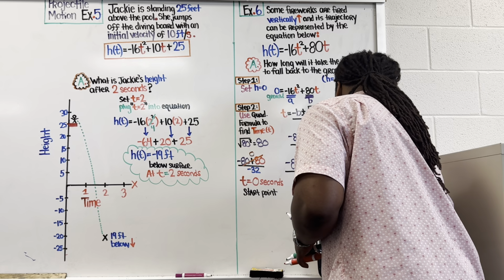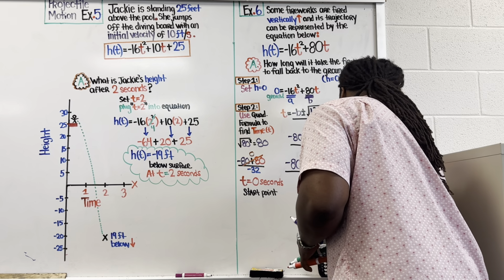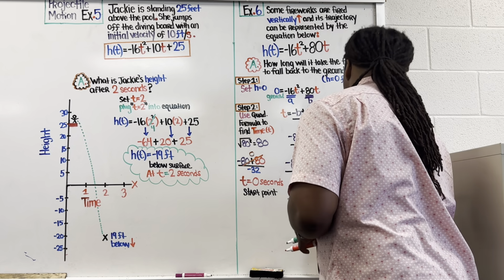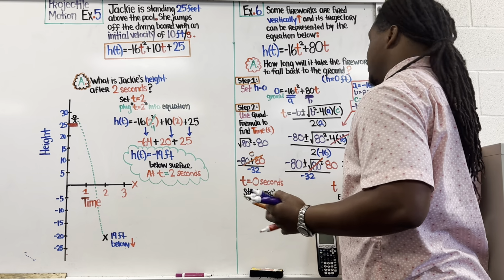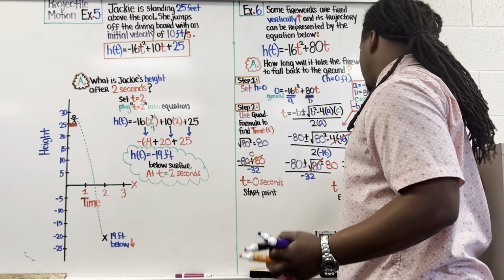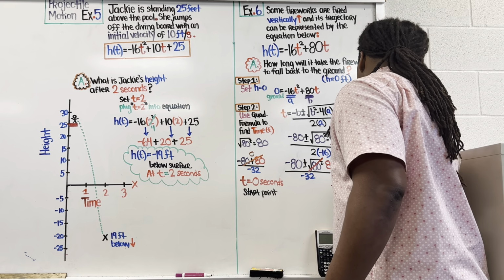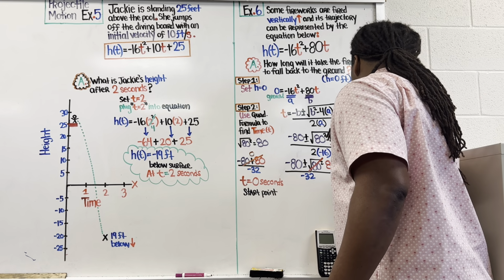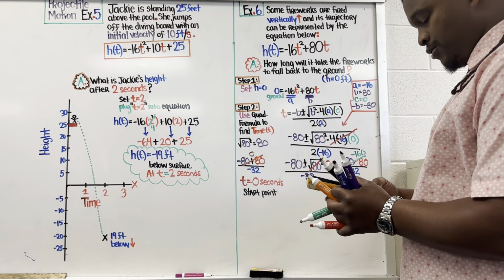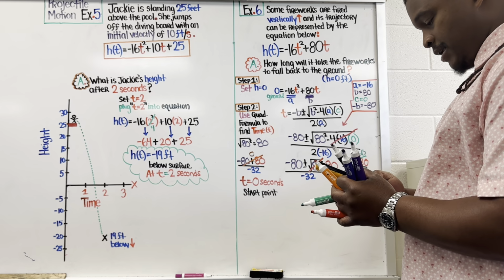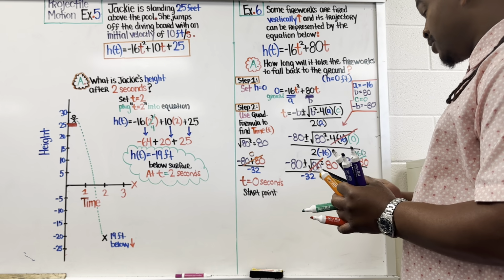This is going to give me the end point. So guys, once again, negative 80 minus 80, which is just like saying negative 80 plus negative 80, is negative 160. So that's negative 160, and if you have a calculator, you can do negative 160 divided by negative 32, which is 5.